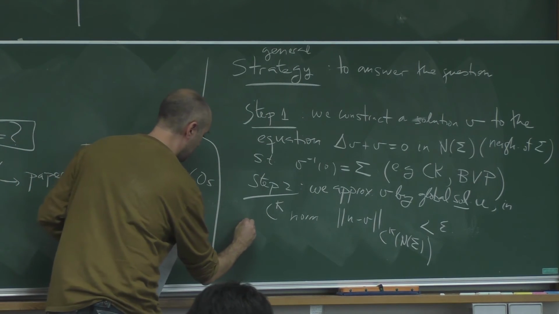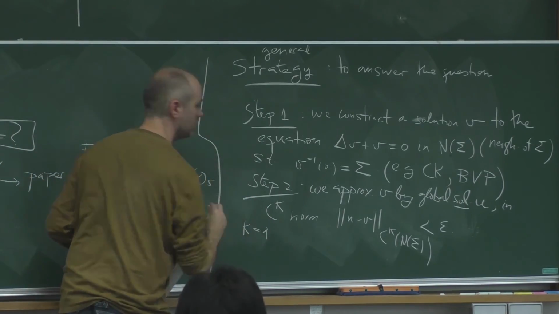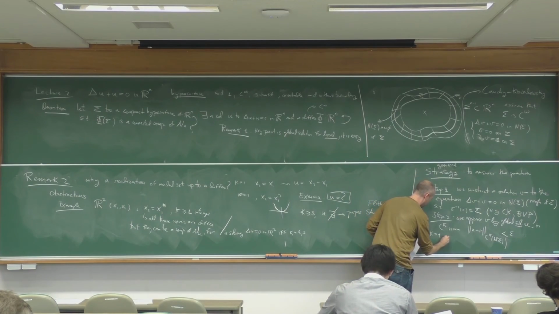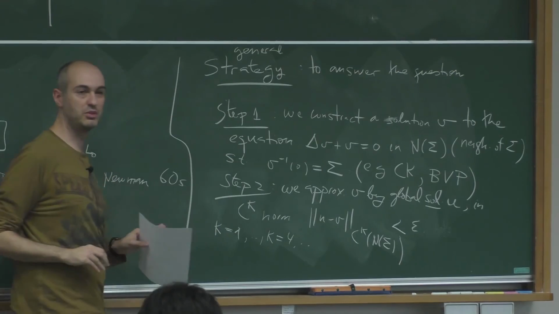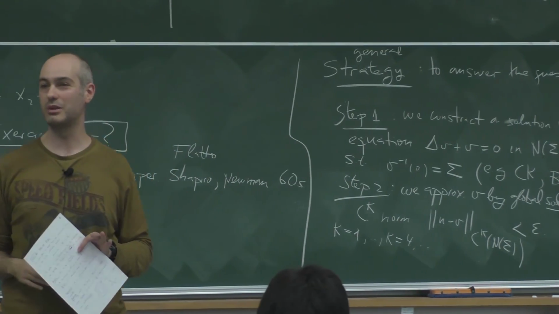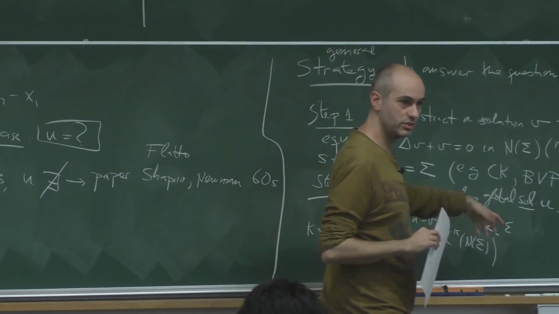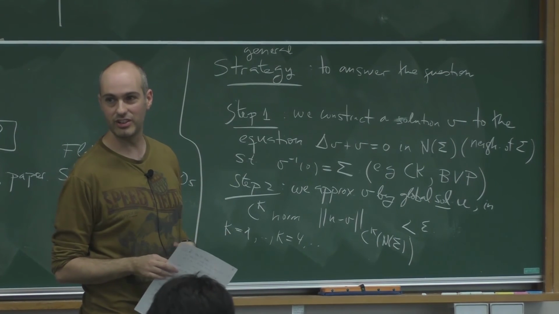Usually, sometimes here, for example, k equal 1 is good. For fluid mechanics, for some reasons, you need k equal 4. It depends on several things, the number of derivatives that you have to control. Here, k equal 1 is okay. But you need this norm. Not just an approximation in a very weak sense, L2 or whatever.